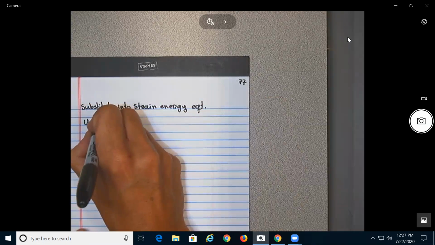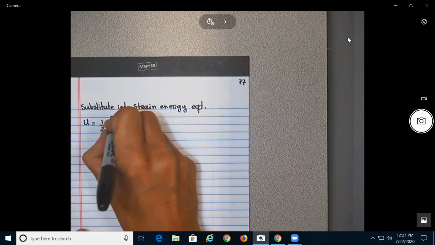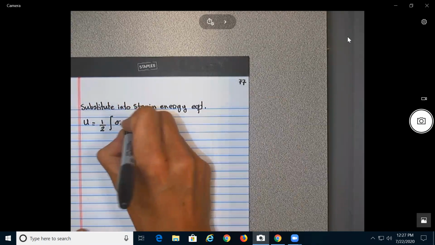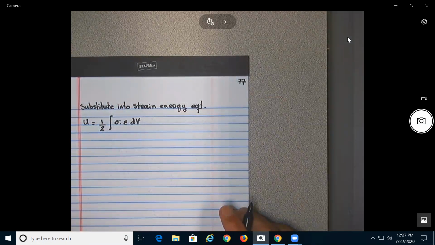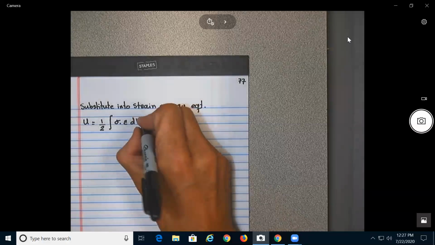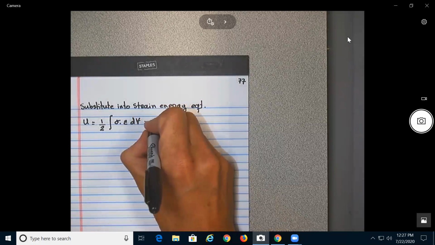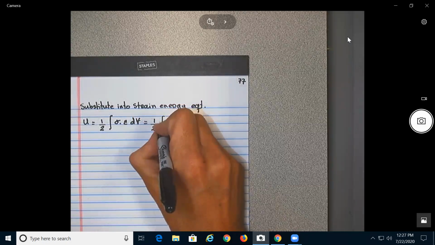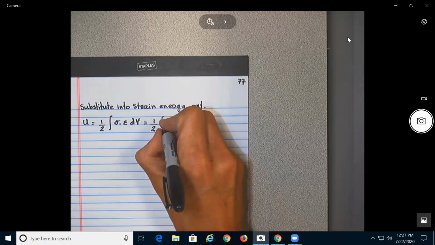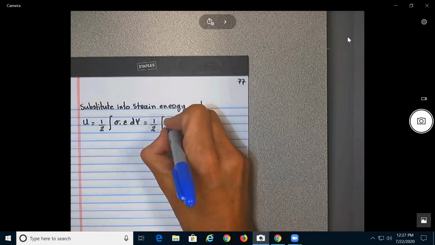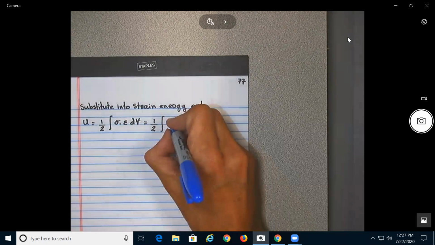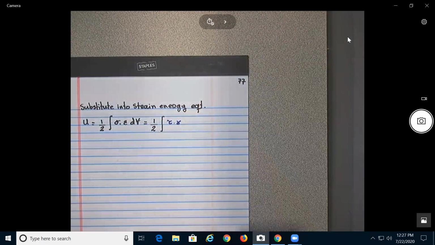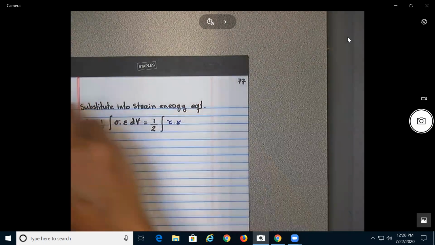Is U equal to 1/2 integral of sigma epsilon dV. So in our case, this should be equivalent to what? What is the stress for us? It is tau for shear stress. The strain will be given by what? By the gamma. And we still have the dV.